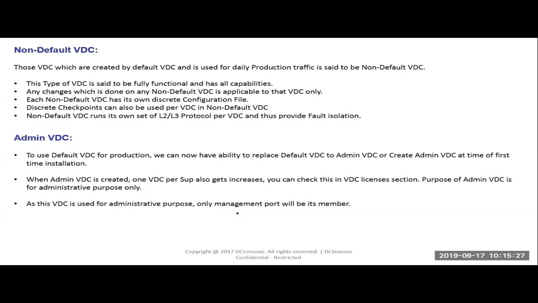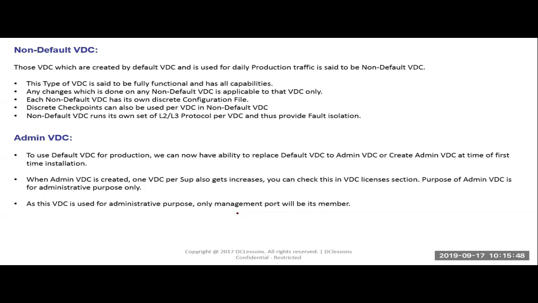As I said earlier in module 7, each VDC will have its own L2 and L3 processes, L2 and L3 configurations, its own RIB and MAC table. So a non-default VDC is always used for your daily production traffic.